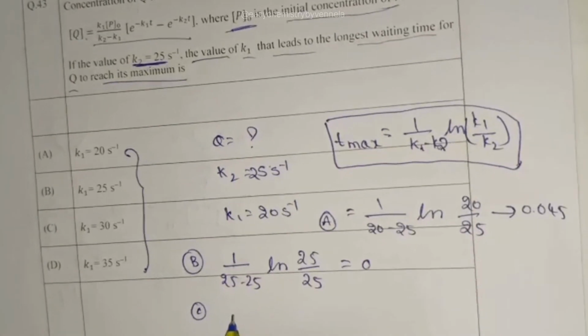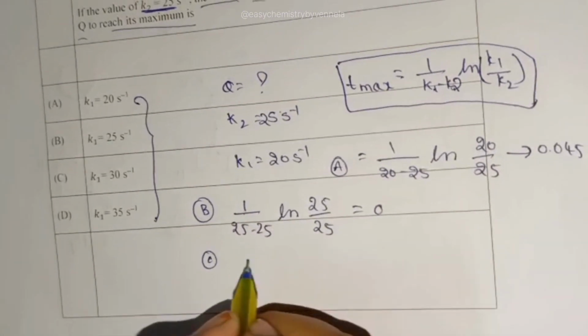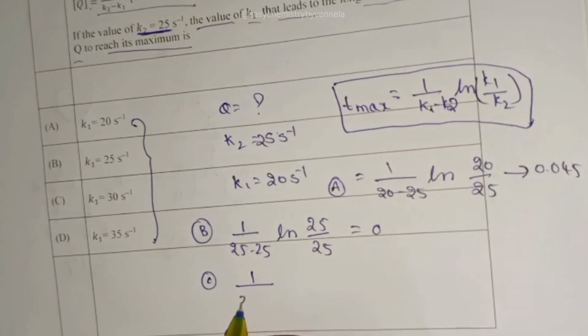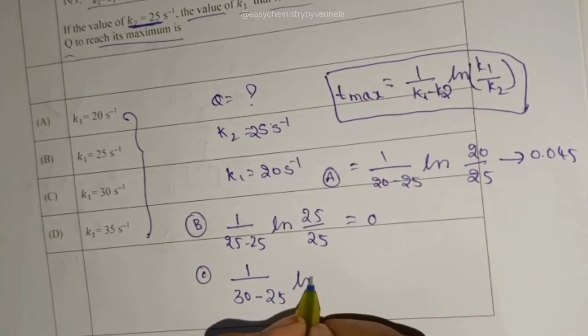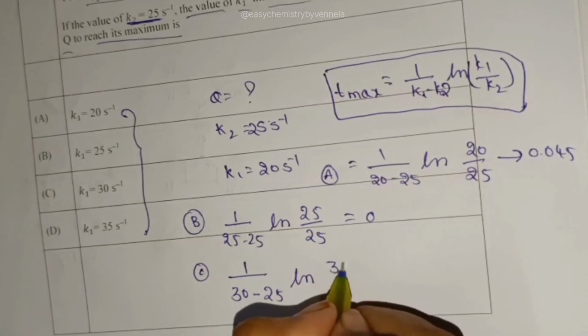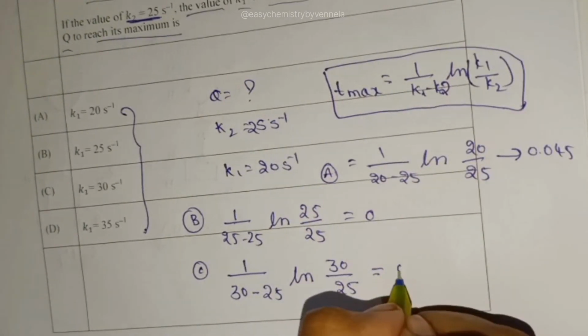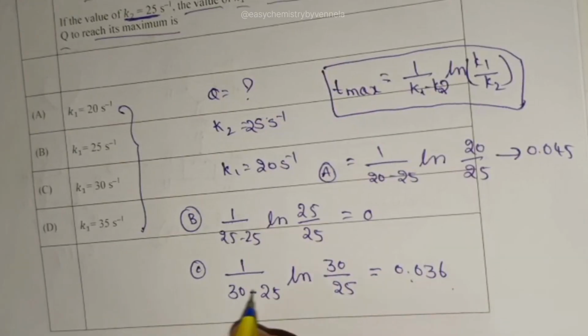Next here 1 by K1 means 30, K2 is 25, ln 30 by 25. The value is 0.036.